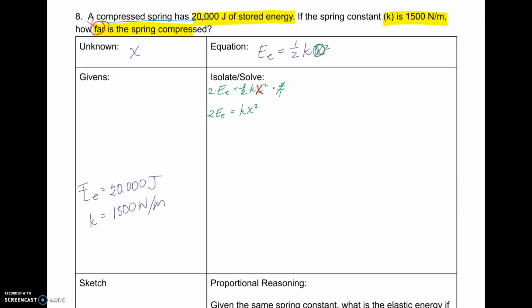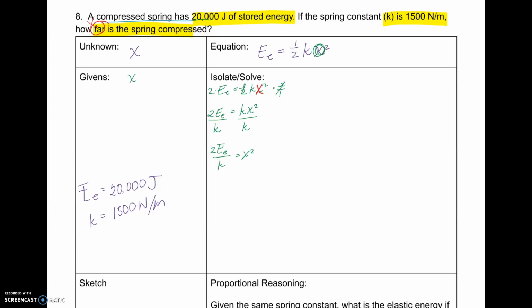We're not done yet because we got to get rid of the spring constant as well as the other x. So what we're going to do is divide by k on both sides. And we have 2 times the elastic potential over k is equal to x squared. We're almost there. And so this means that it's x times x, and all we want is just x.